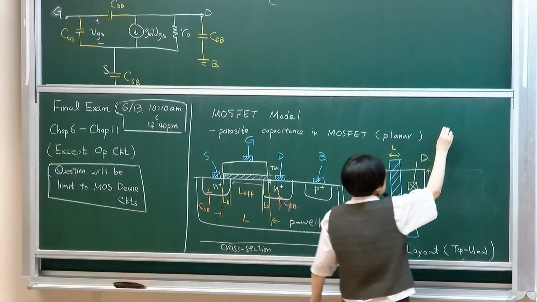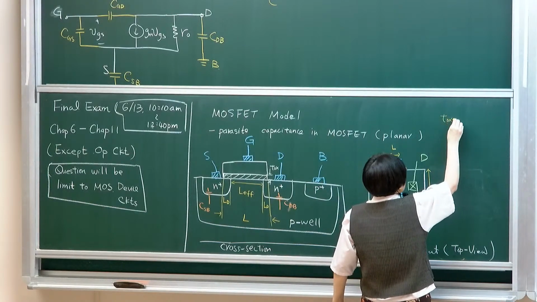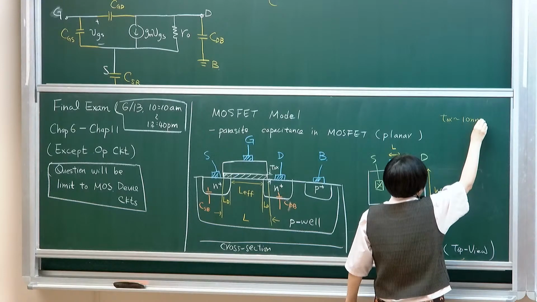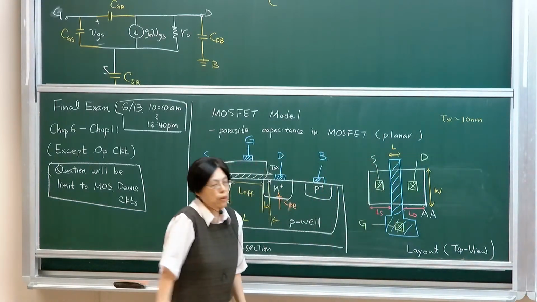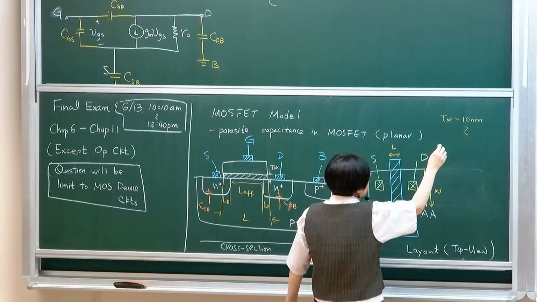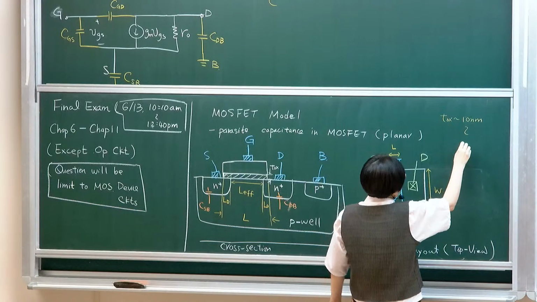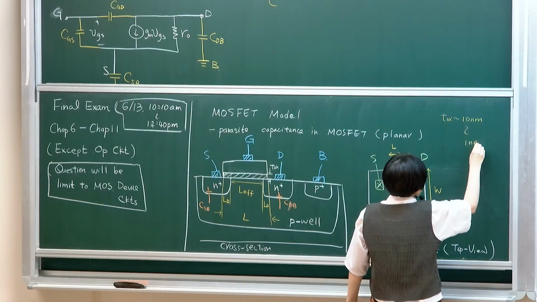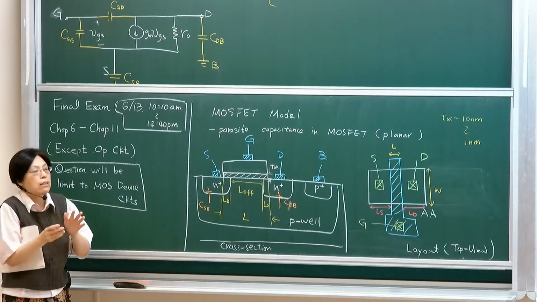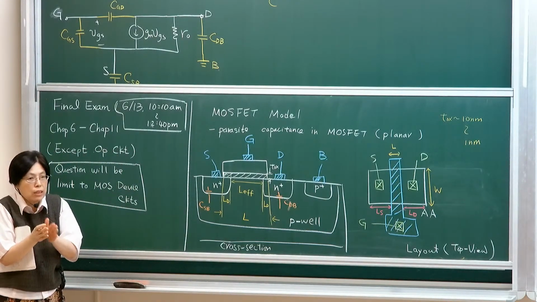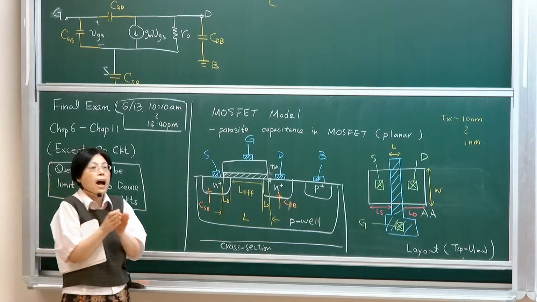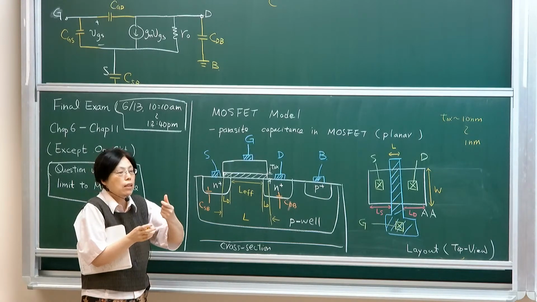TOX is in the range of, starting at 100 nanometers, maybe for 0.5 micron technology, all the way down to nowadays, maybe 1 nanometer for advanced technology. So this is very, very thin. If you think about it, if the distance between two plates is the shortest, that means it has the highest unit area capacitance.